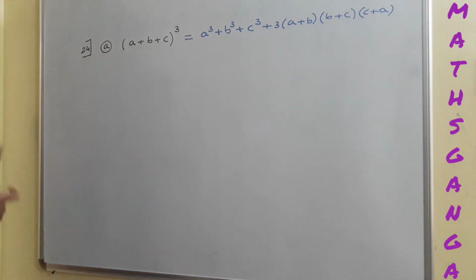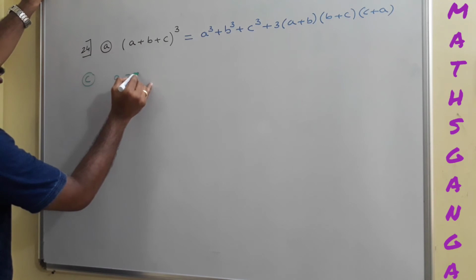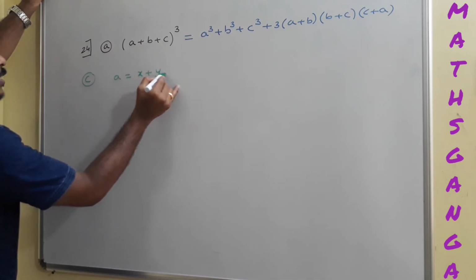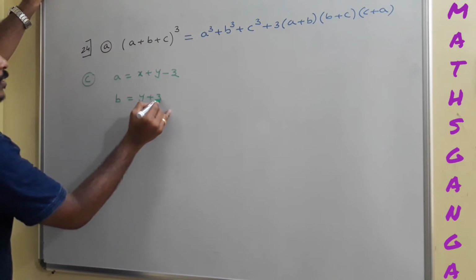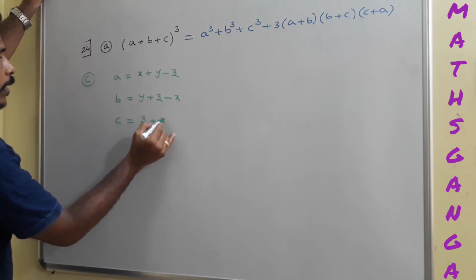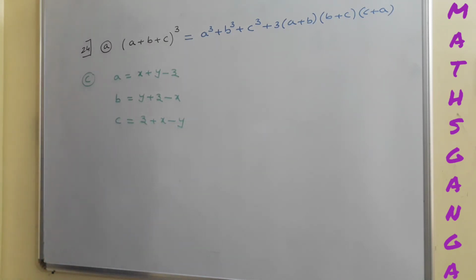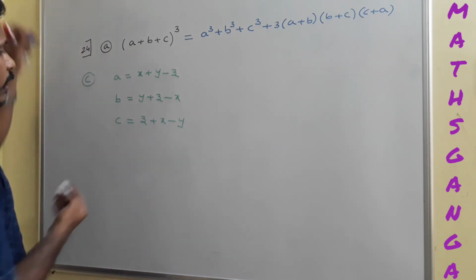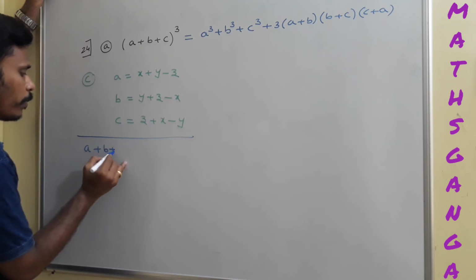Next thing is C. Suppose A is equal to X plus Y minus Z, B is equal to Y plus Z minus X, and C is equal to Z plus X minus Y. So A, B, C I have like this. Then in this case, if you add all these, what do you say about A plus B plus C?